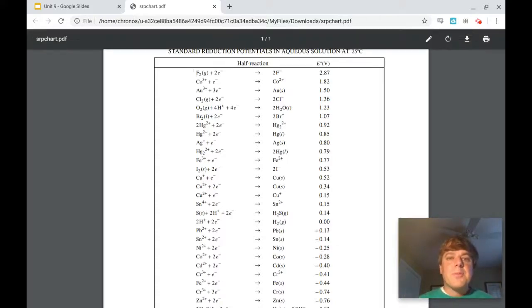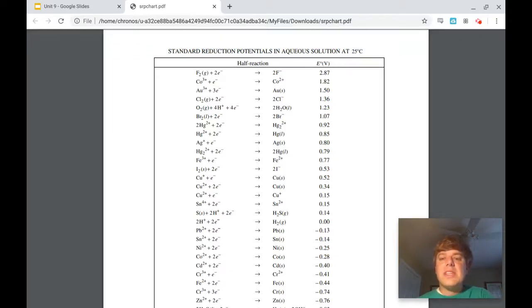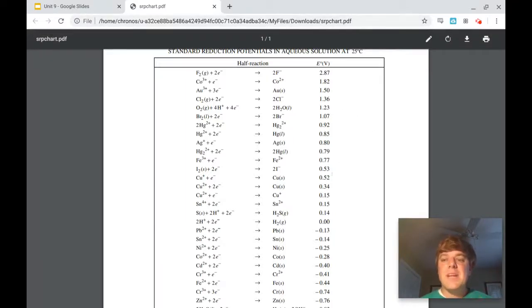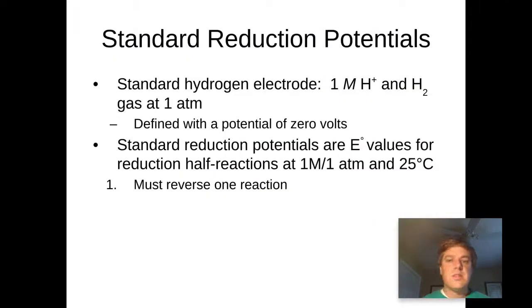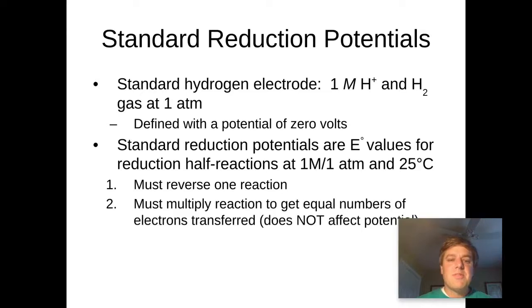And so when you do that, ultimately your cell potential is going to be the sum of the cell potentials of your two half reactions. So you're just going to add the cell potentials together for both of those. So if we go back to the notes here, one of the half reactions must be reversed.